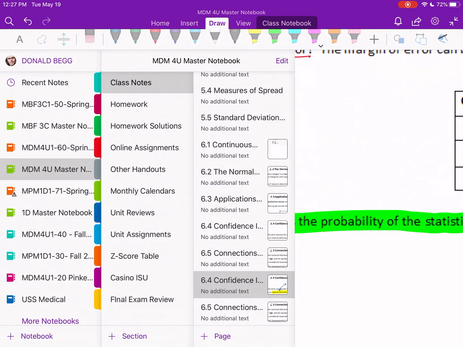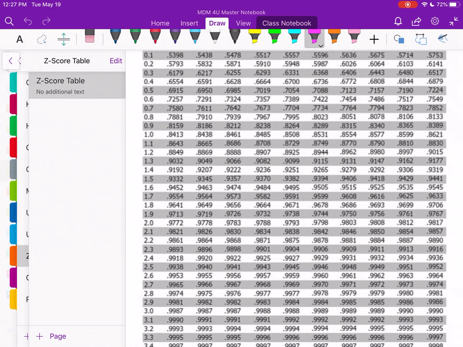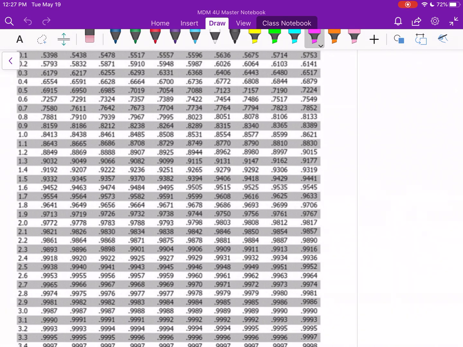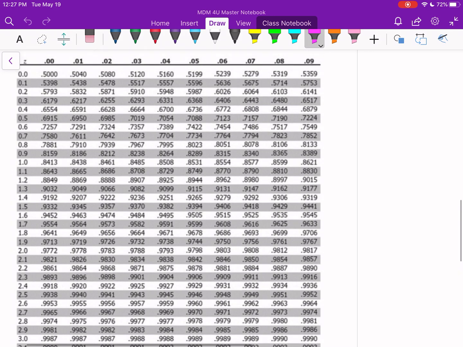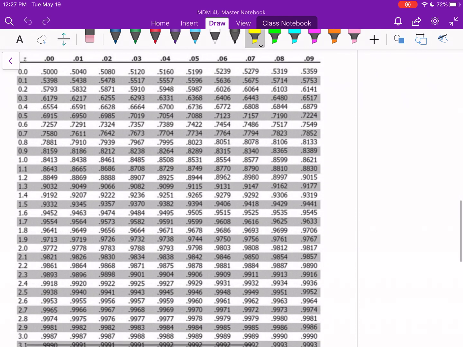If I look at the z-score table right now, and find 90%, that'd be as close to 0.90 as possible. Found it. All right, that looks like it's about as close to 90% as you can get, right?